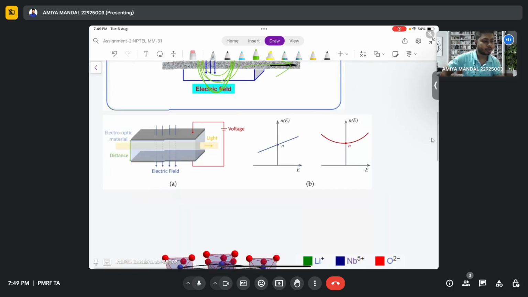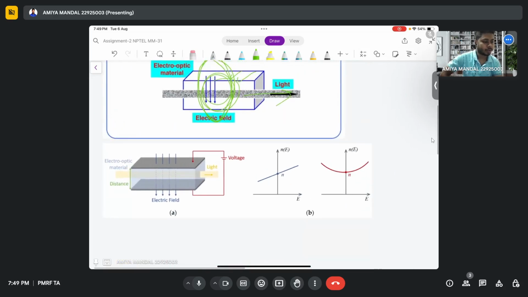You can also see here, if we apply voltage to the electric field between them, between the optoelectric material, then in this figure, with the application of electric field, the refractive index is changing like this.